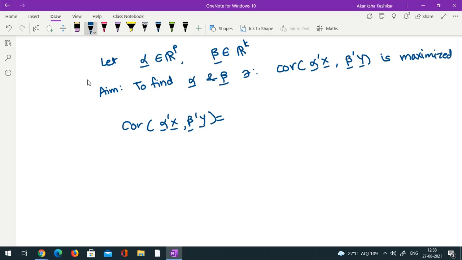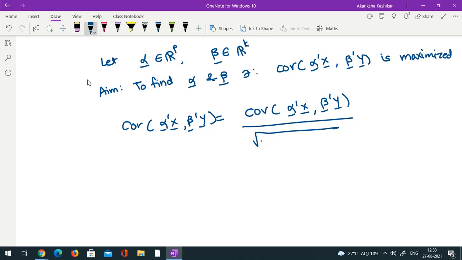Because anyway alpha prime x is a univariate quantity, beta prime y is a univariate quantity. So correlation will be covariance between them divided by standard deviation. So let me write square root of variance of alpha prime x and variance of beta prime y. Okay, so this is V and this is R. I hope you can spot the difference.